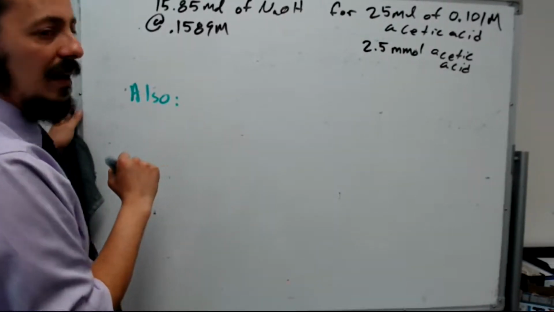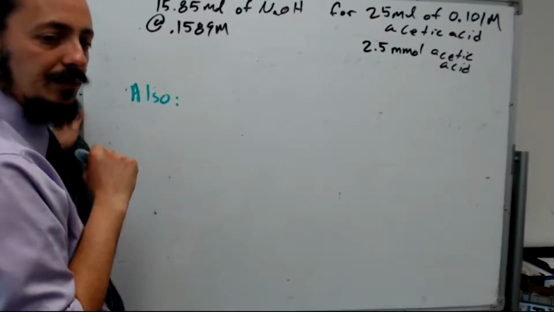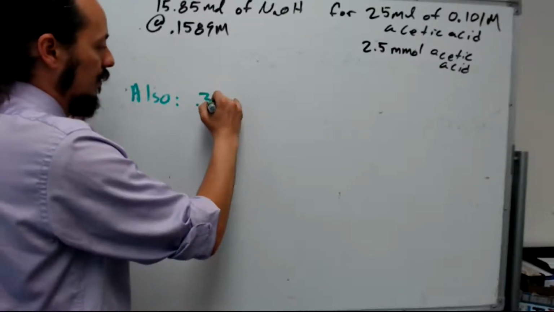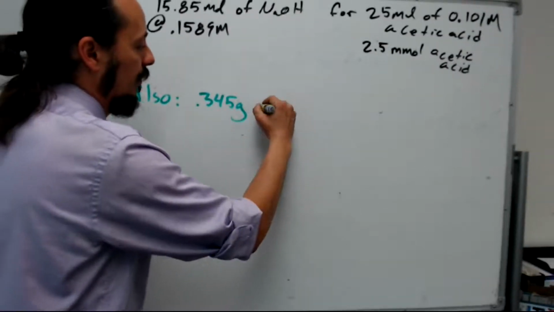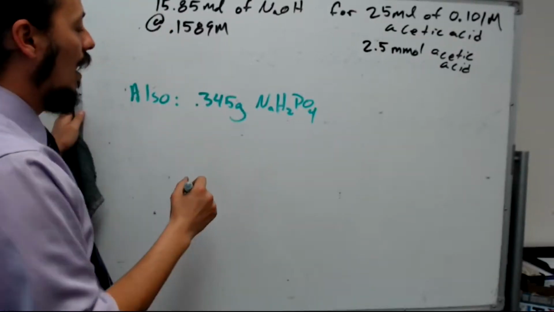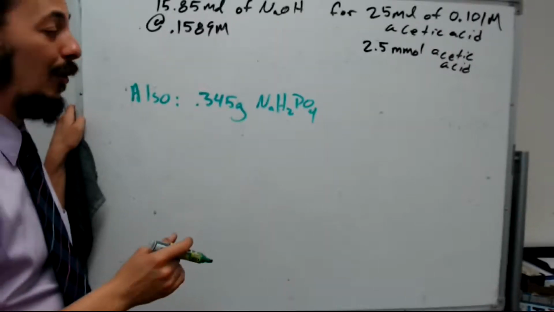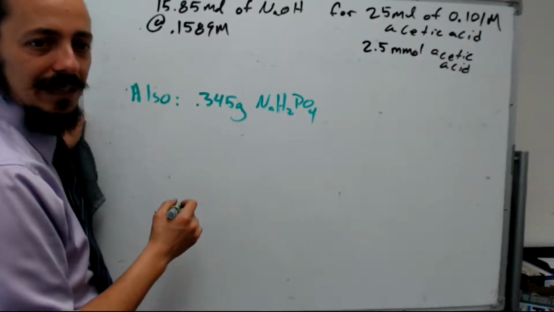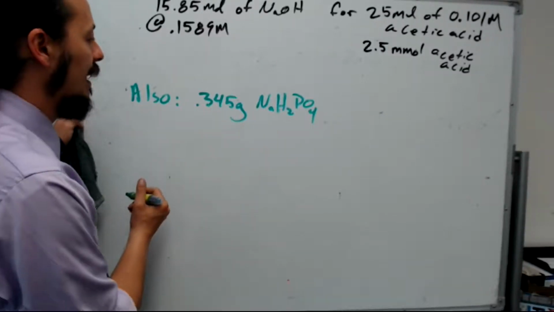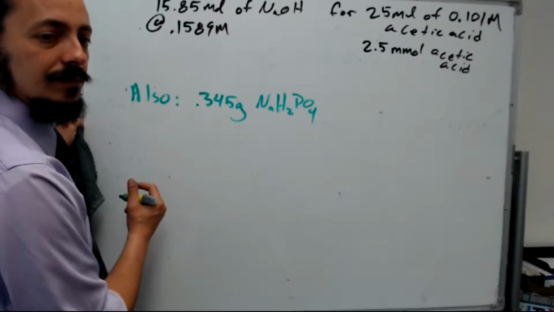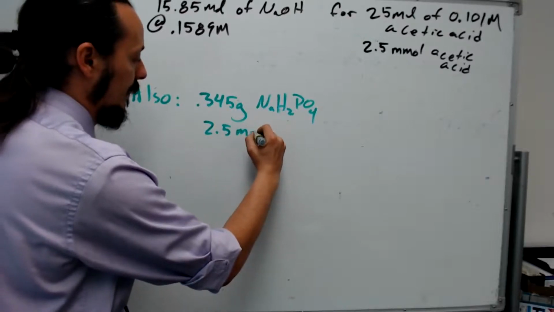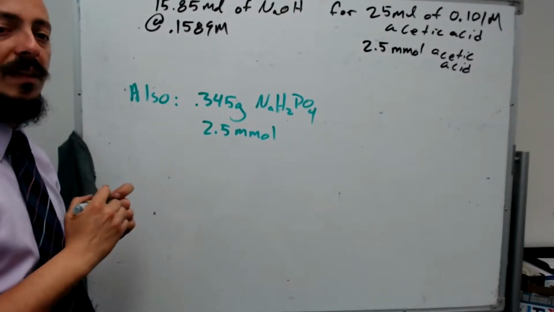How many grams of sodium dihydrogen phosphate did you use? 0.345. We're going to divide by the molecular weight, which is 138. 0.0025, which we are calling 2.5 millimoles.